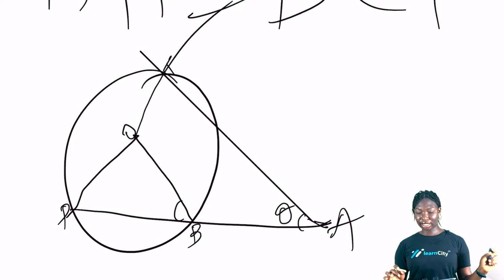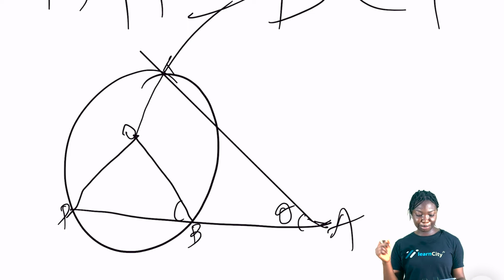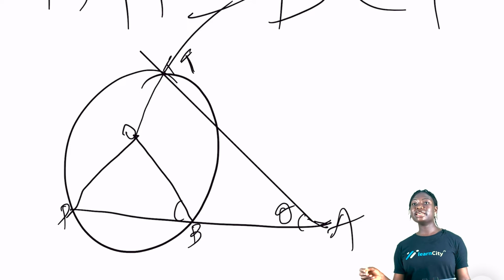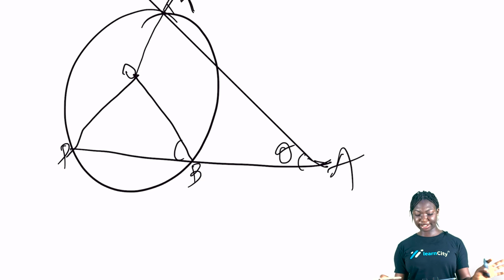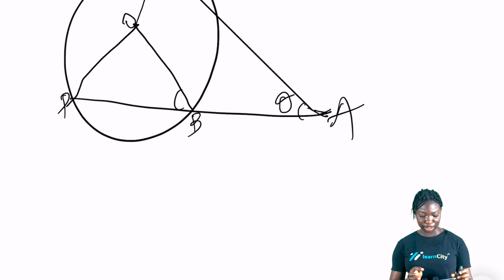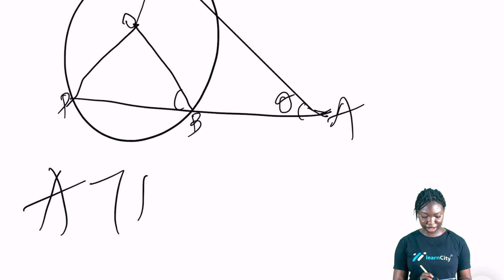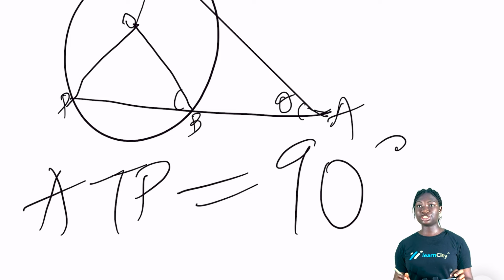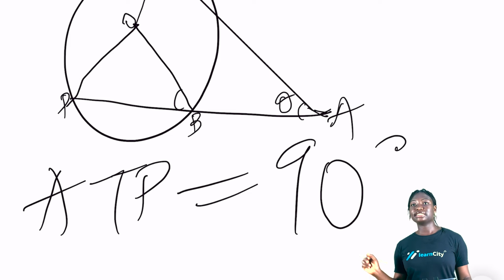Here we need to understand that ATP is 90 degrees, which is the radius to a tangent.